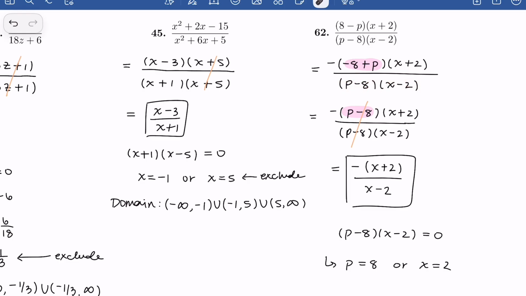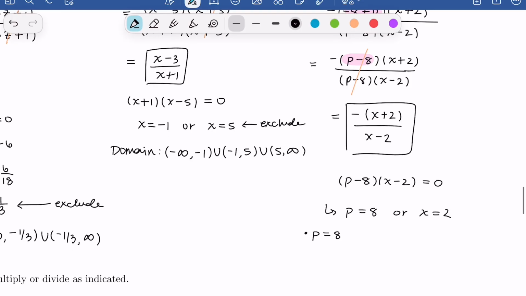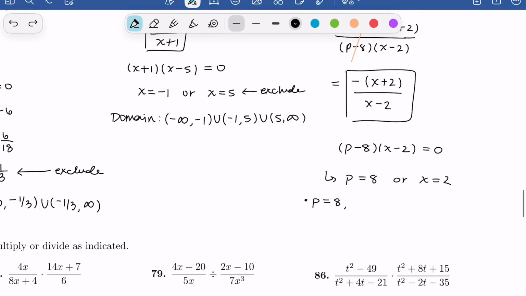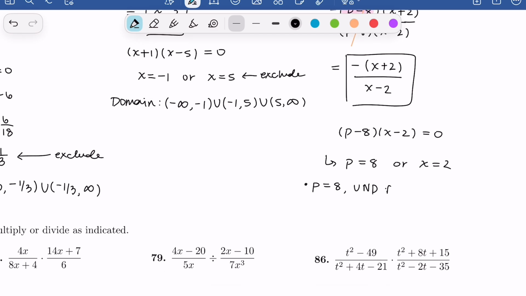So we're going to split our domain up into two cases. In terms of x here, we're going to look at the case when p is equal to 8. Our function is going to be undefined for all x. So we'll say undefined for any x value.